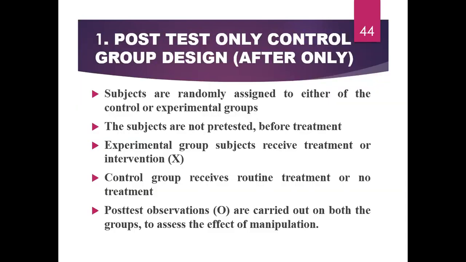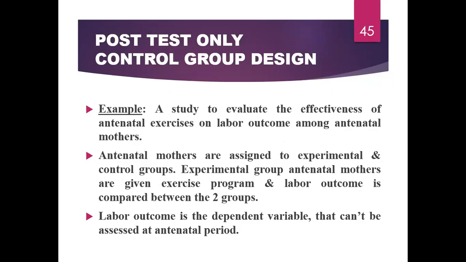The post-test observations are carried out on both the groups to assess what was the effect of the manipulation, what was the effect of the intervention or the treatment. Post-test only control group design. For example, a study to evaluate the effectiveness of antenatal exercises on labor outcome among antenatal mothers. So antenatal mothers are assigned to experimental and control groups randomly.